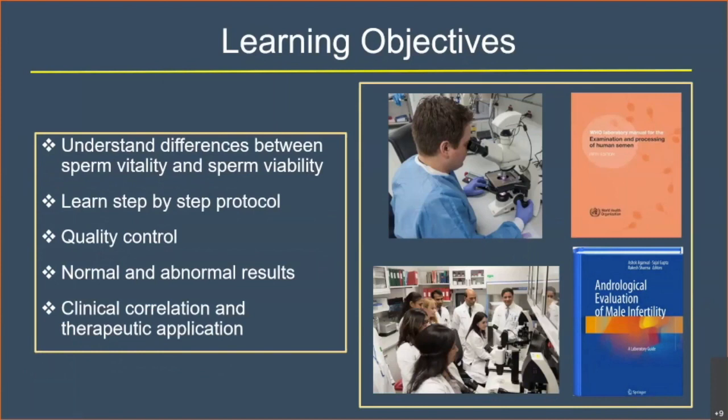The learning objectives will be to understand the differences between sperm vitality and sperm viability, learn the step-by-step protocol to conduct this test, understand the quality control associated with this test, define the normal and abnormal results, and look into the clinical correlation and the therapeutic application of the sperm vitality test. And at the end of my talk, I will provide you with some important takeaways. Next slide, please.